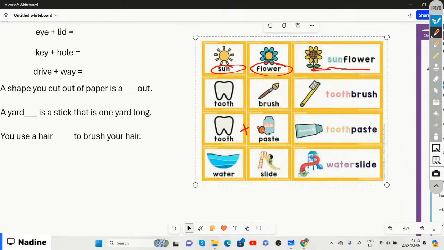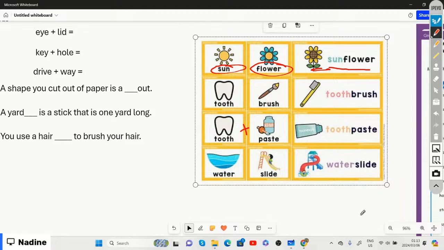Then we have water plus slide. All right, so this is basically compound words.